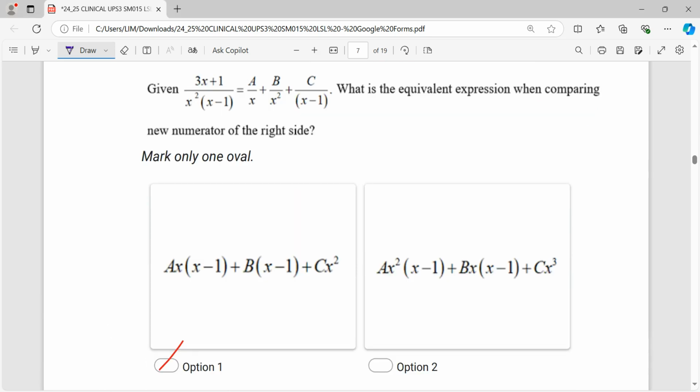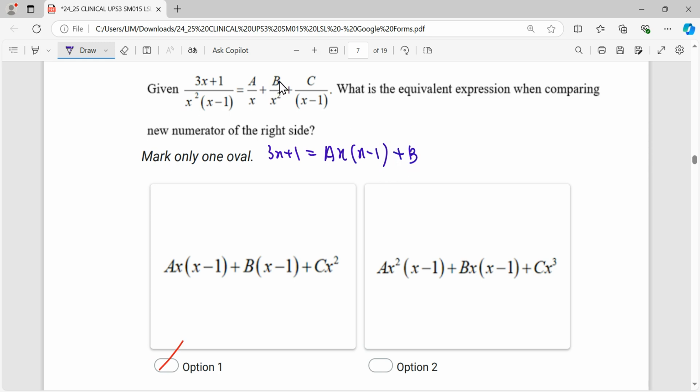Next, given the fraction expressed in partial fractions, they ask what is the equivalent expression when comparing the numerators of the right hand side. It means we are going to get the same denominator, we compare, we want to put it into one equation. So 3x plus 1, A will be multiplied with the factors it doesn't have, so you need to times one factor x and one factor x minus 1.